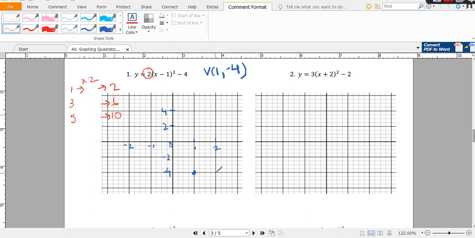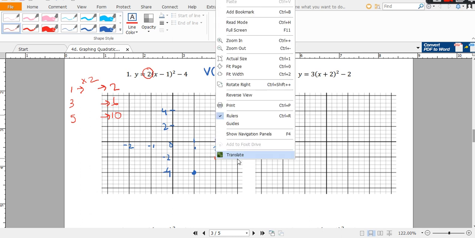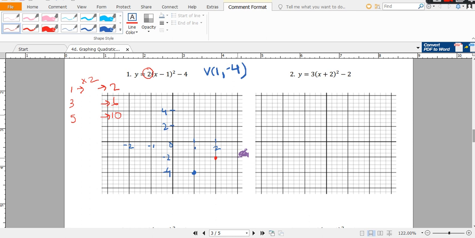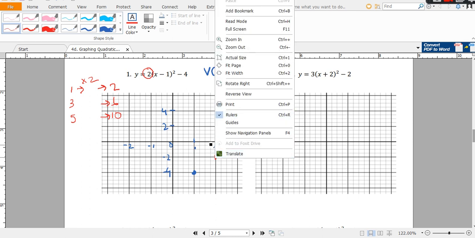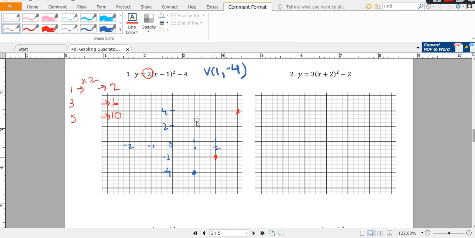So 1 over and then up 2. 1 over, up 6. And then 1 over and up 10. But obviously that's going to go off my page.